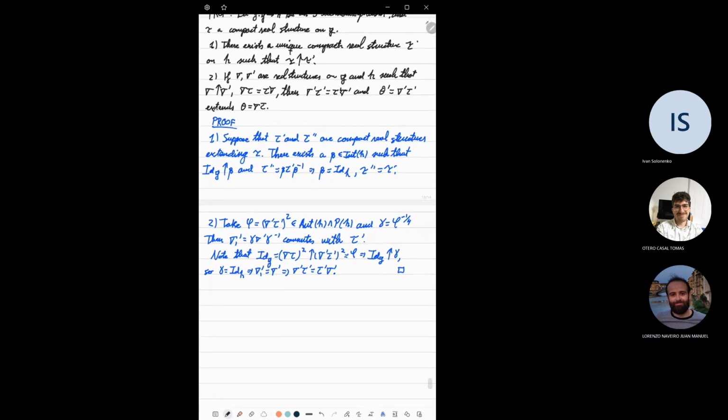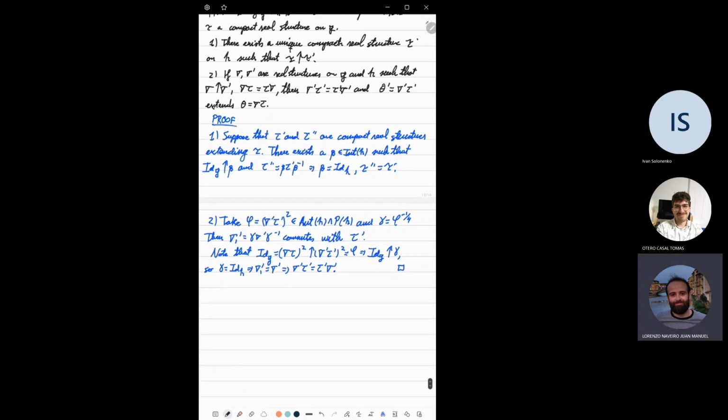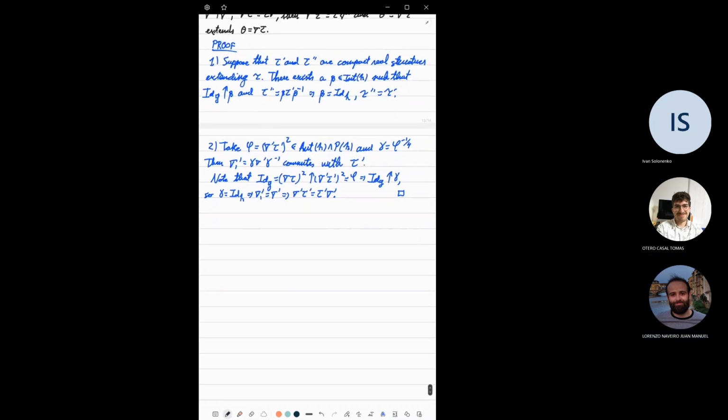So for now, what we've proved really is that the extension of a compact real structure is unique. For the moment, we don't really know if we take a real form in G, which is not necessarily compact, and we extend it, if the extension is unique. Okay, but we will give more details on this right now.